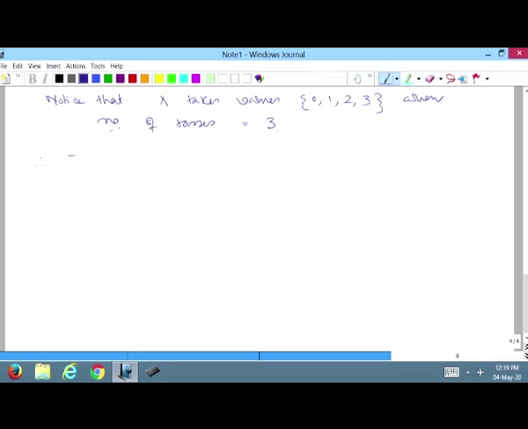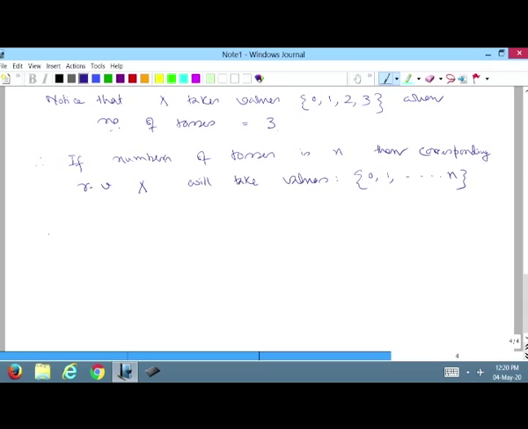Therefore, if number of tosses is n, then the corresponding random variable X will take values 0, 1 up to n, because there can be no head, 1 head, up to all n tosses giving head.